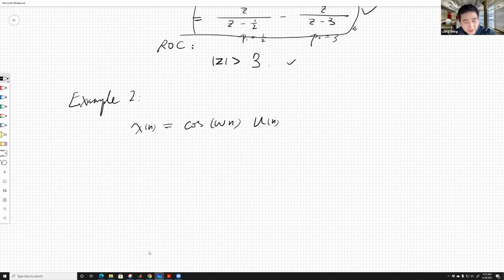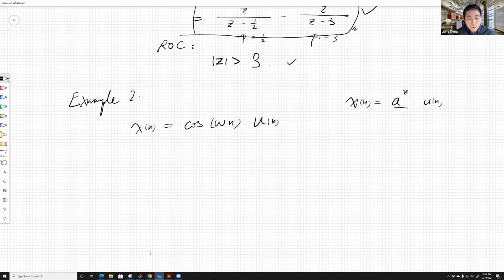How do we start with this problem? Now we have a cosine function. We feel good if the function is in the format of a to the power n, something like this. If it's causal, we have a base, and we know that's a root, so it will be a pole. Very easily, we can directly write the Z transform. Now you give me a cosine function. What can we do?